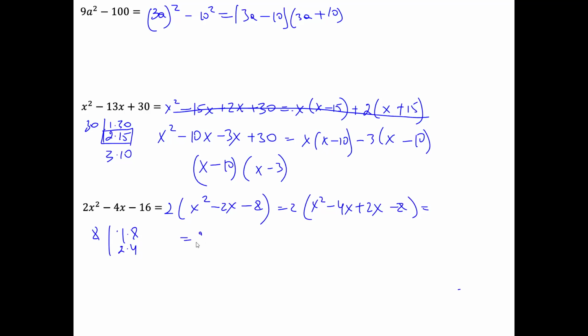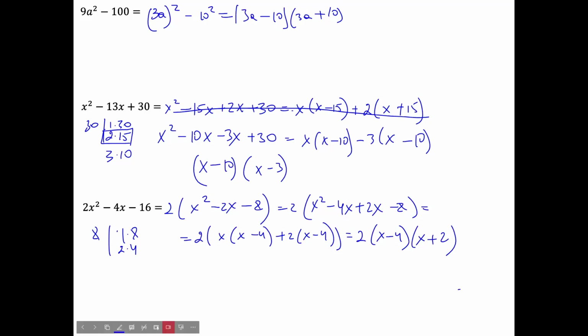What I have: 2 times x minus 4 plus 2x minus 4. 2 times (x minus 4)(x plus 2). Okay, good. I think that's it. So we can have a break, about 10 minutes, and then we will have a quiz.